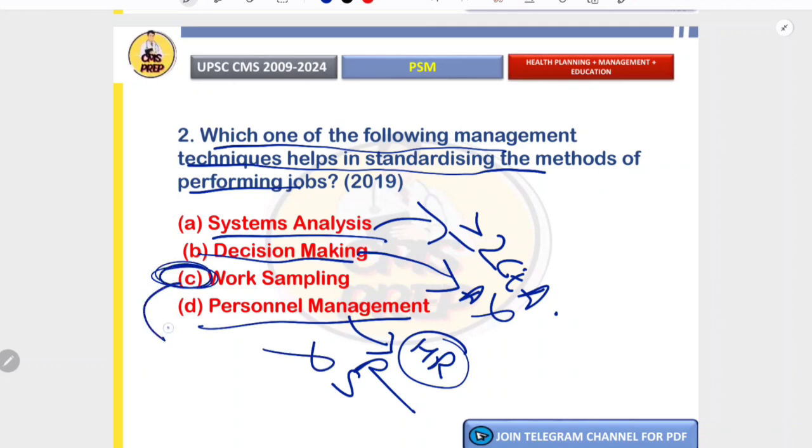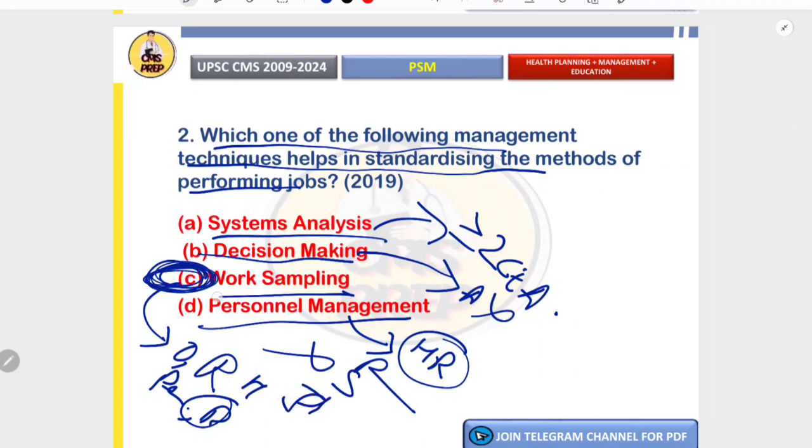So the correct one is work sampling. What is work sampling? Work sampling is a systematic observation and recording of work activities of individuals in hospitals or other work environment. It is either predetermined or random. It measures how time is spent on various job tasks, helping in optimizing and standardizing job performance. Okay, so the correct answer is C, work sampling.